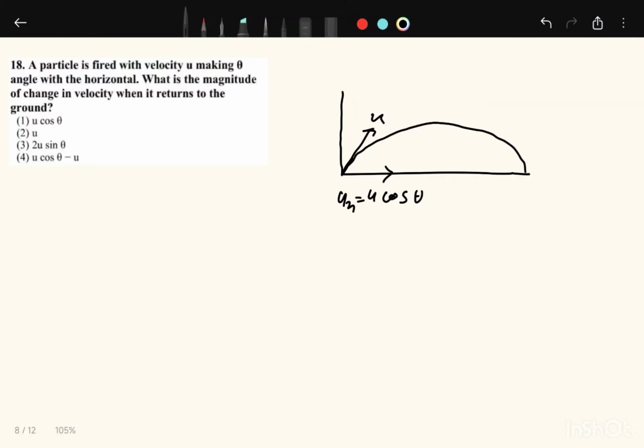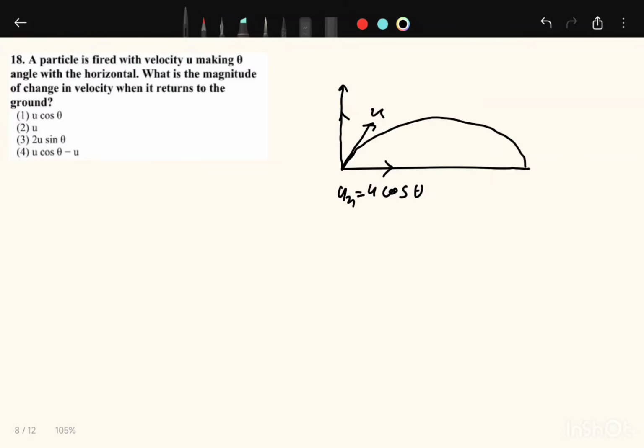The ux component will be u cos theta, and in the y direction the component of the initial velocity, uy, will be u sin theta. Now you see, till the time the particle reaches the highest point, at the highest point vy becomes 0, right? And only the velocity in the x direction remains, right?